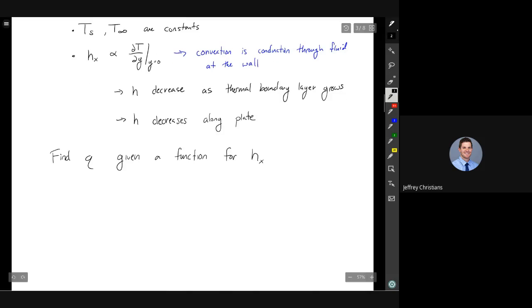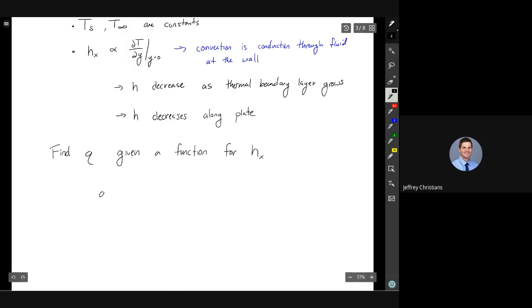So we imagine Q is going to be equal to the integral over the surface of Q double prime dA. So we're basically going to find the total amount of heat going from the surface by looking at every individual point and adding them all up.